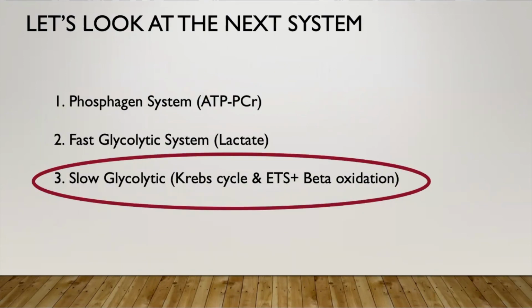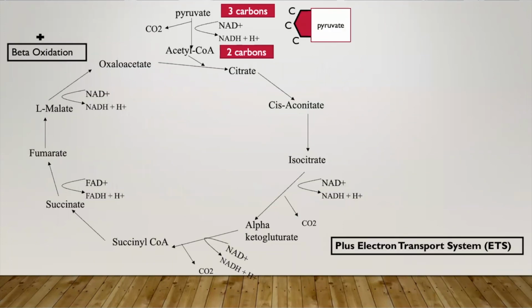Okay, let's look now at the third system, the slow glycolysis system. And remember, here we have the pyruvate, which is 3 carbons, goes into the mitochondria, converted to a 2 carbon, which means we're going to release some energy. And then we can also have fats through beta oxidation enter this, and you chunk off the last 2 carbons, and it goes into this cycle.